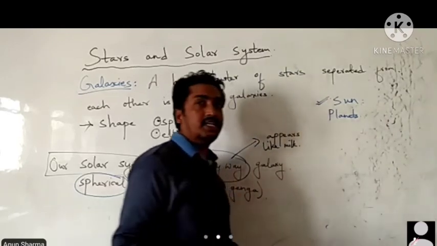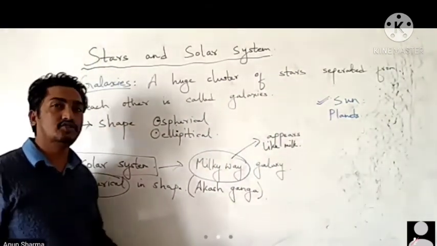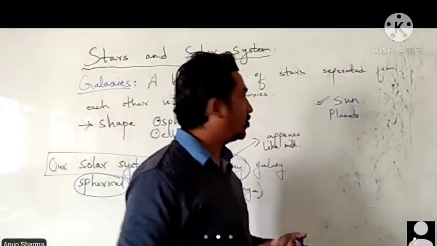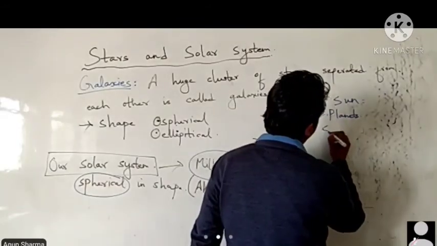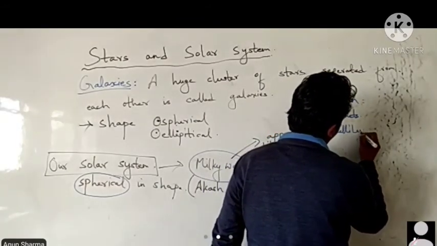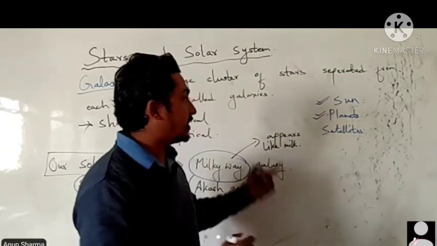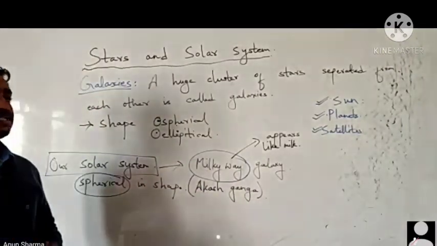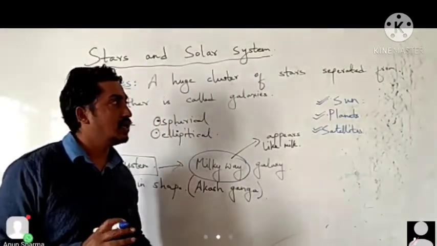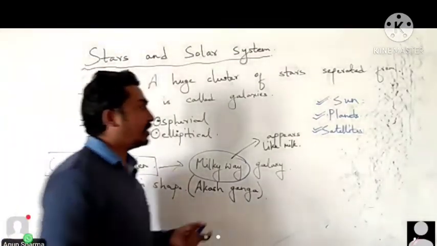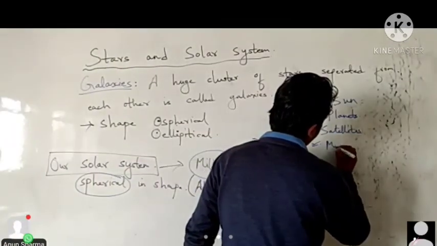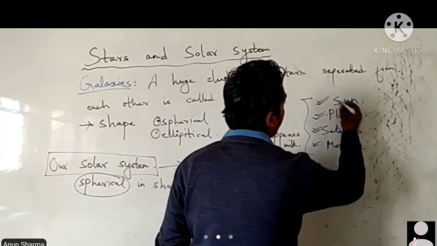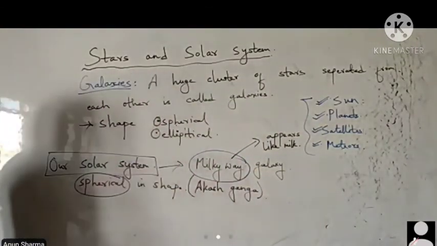We have different planets: Mercury, Venus, Earth, Mars, Jupiter, Saturn, Uranus, Neptune, then Pluto as a dwarf planet. Then we will talk about satellites, the heavenly objects which revolve around the planets, and planets revolve around the Sun. Then we will talk about meteors. These are all included in our solar system.